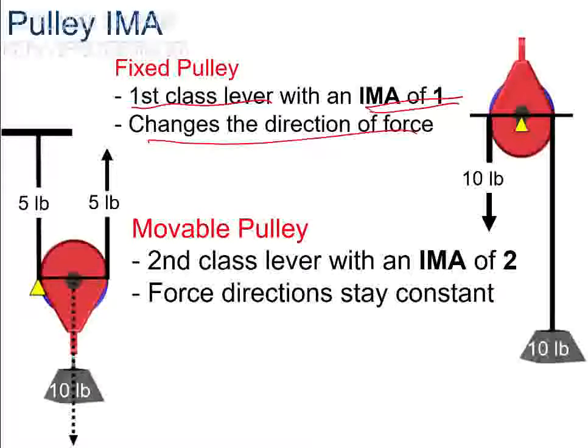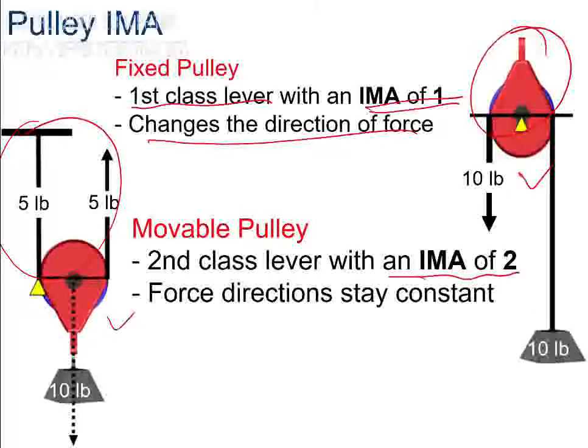the direction of the force. But for the movable pulley, this one is the movable and this one is the fixed pulley. The movable pulley is a second class lever, and its ideal mechanical advantage is 2. It changes the force, while the direction stays constant.